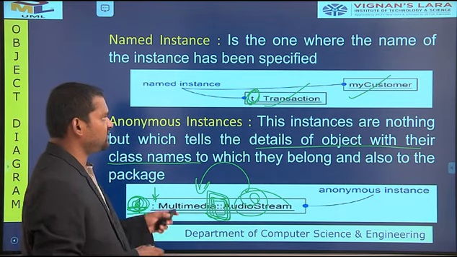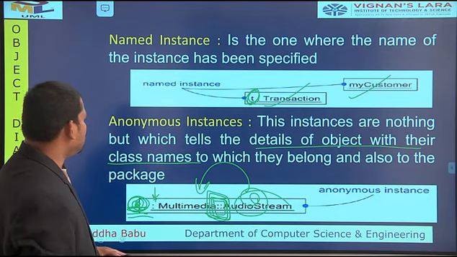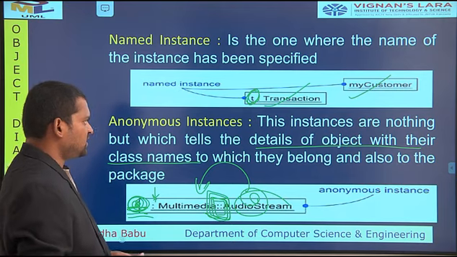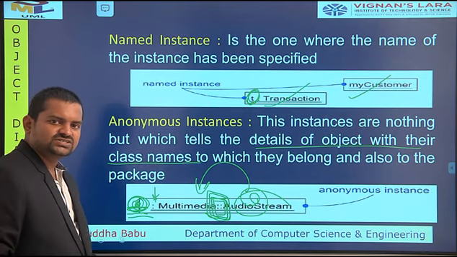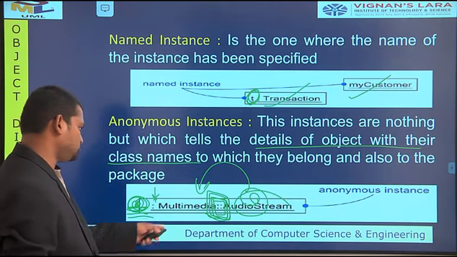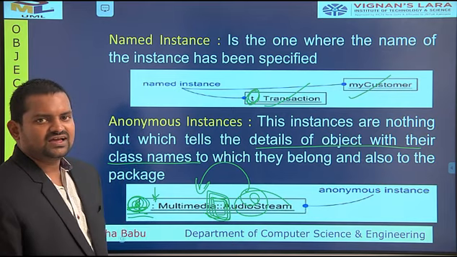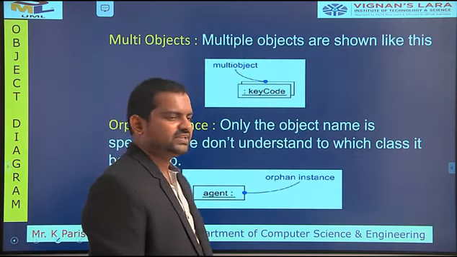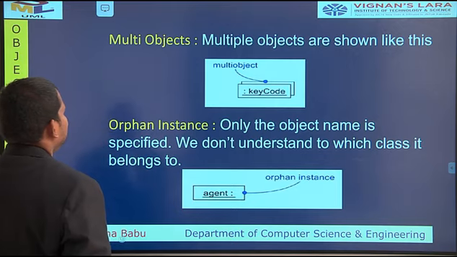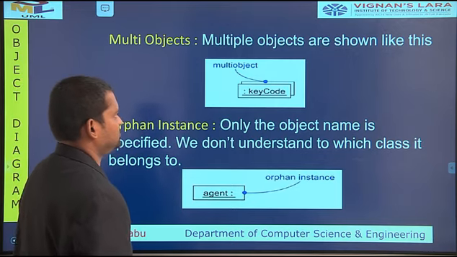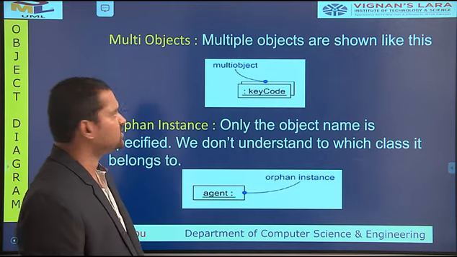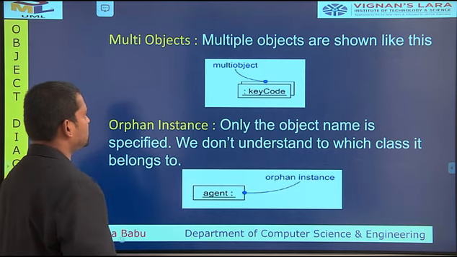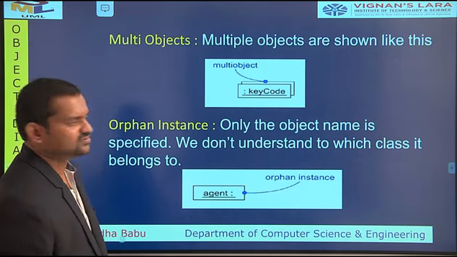Named instances have the name; anonymous instances have the details of objects with their class names, including the scope resolution operator. Next, multi-objects. Multi-objects are nothing but the objects shown, the number of objects available there.